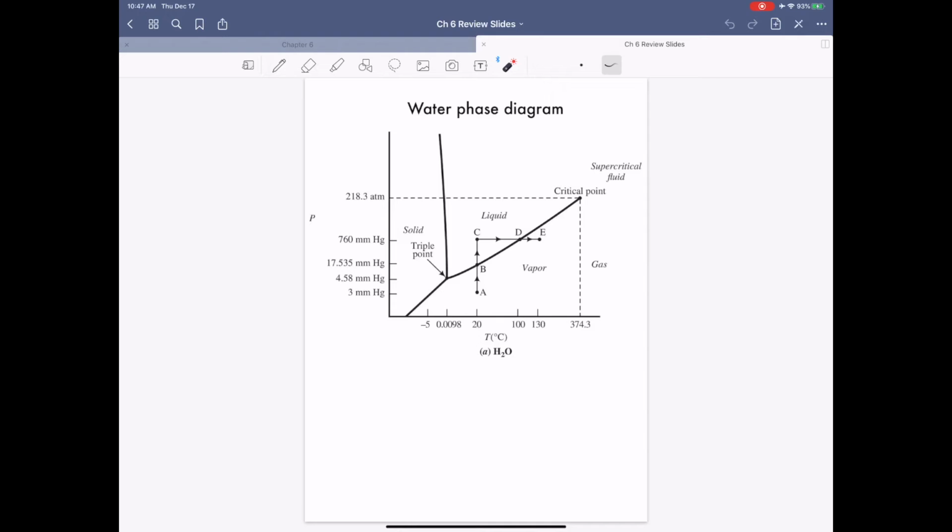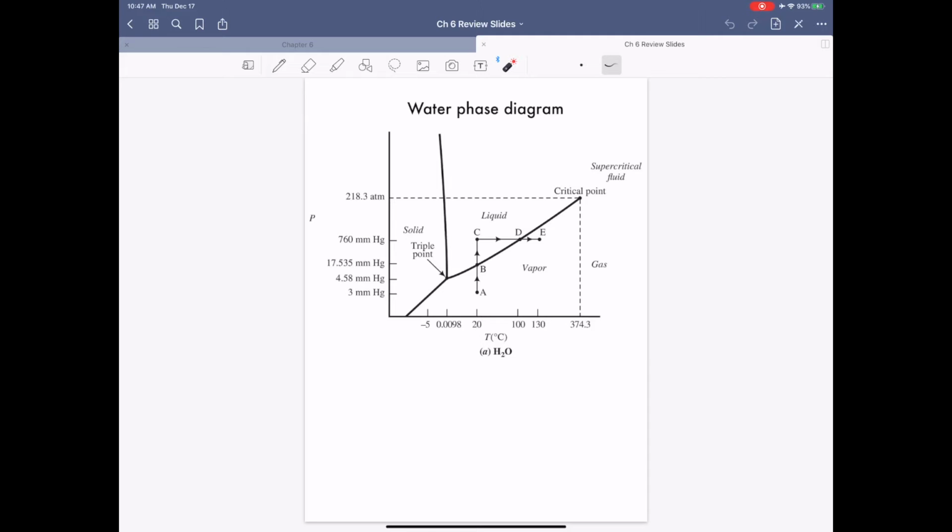Now, the other main feature that you could probably observe in this phase diagram are these various dark lines that go across here, all right? These lines are known as coexistence lines. The reason they have that name is because at these lines, we don't just have one phase. We don't just have, for instance, over here, a liquid or a vapor, but we actually have both, right?